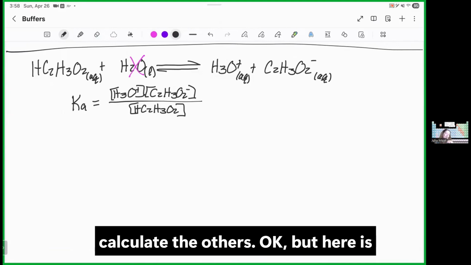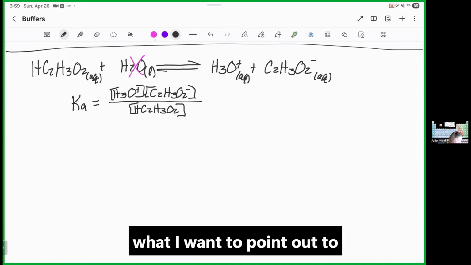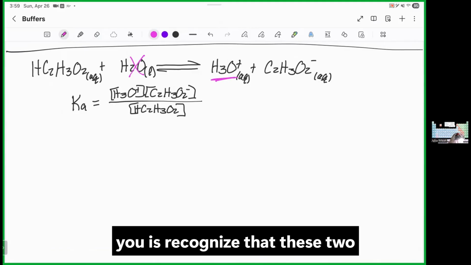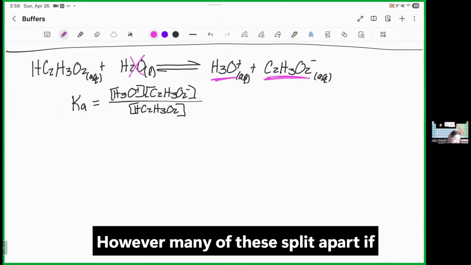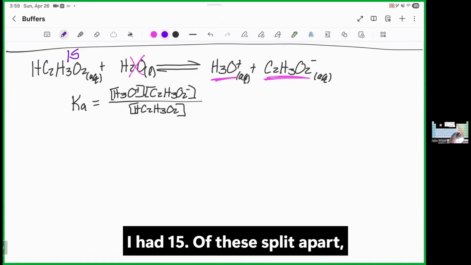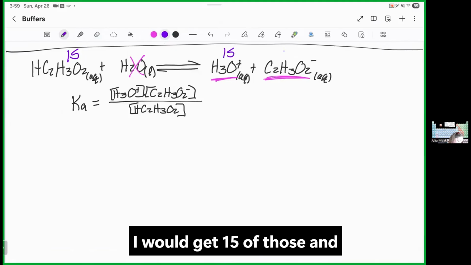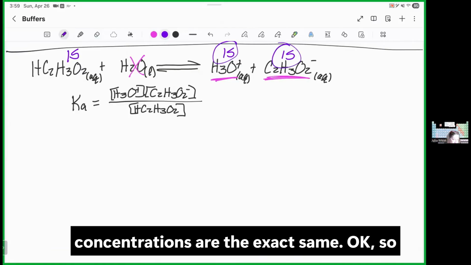But here is what I want to point out to you: recognize that these two concentrations are exactly the same. However many of these split apart, if I had 15 of these split apart, I would get 15 of those and 15 of those. So these concentrations are the exact same.